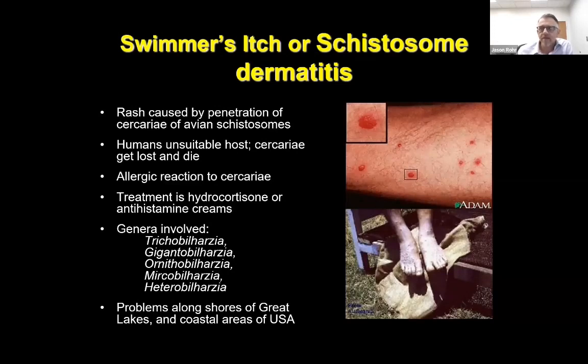And when those cercariae penetrate the skin of humans, they can cause pustules and an allergic reaction that can be quite itchy. You can treat it with hydrocortisone and antihistamine creams. But it's a real big problem along a lot of lakes, especially the Great Lakes and other lakes, particularly in the northern part of the U.S.